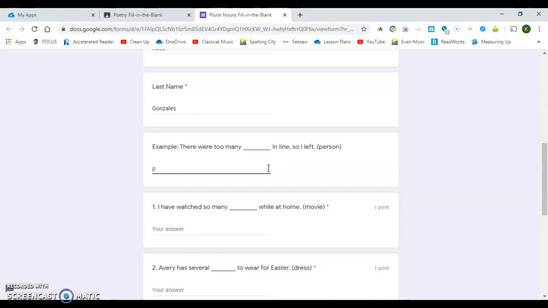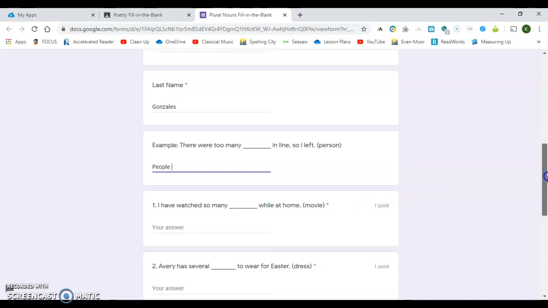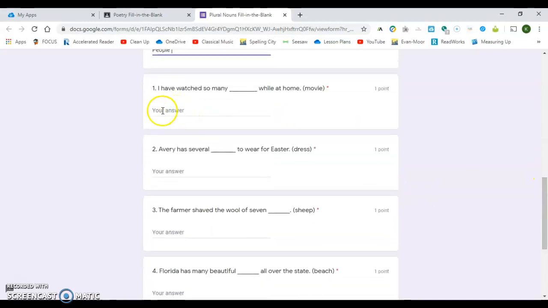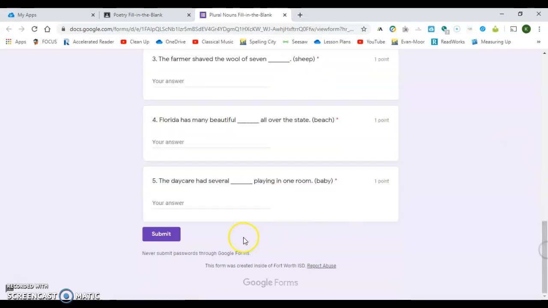The only way that you will get credit is all lowercase, or you can do the first letter capitalized and the rest of it normal, okay? So you'll see each one is worth a point. All you do is type in your answer right here, read the sentence, type in your answer. When you're done, you hit submit.